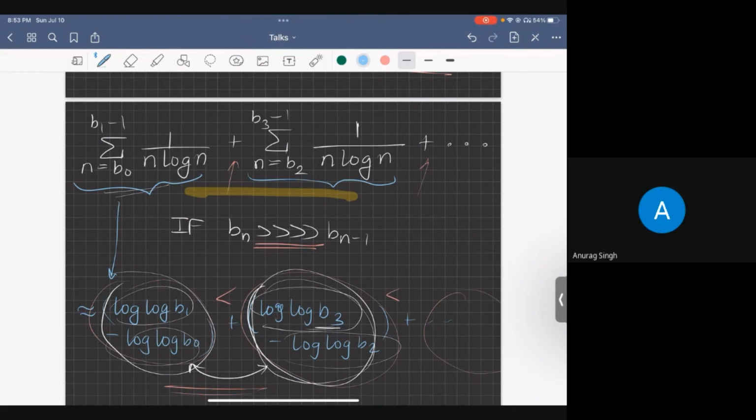Was it a Putnam problem? No, it's from this contest. I don't remember the name of the contest. Let me search it. It's not good. Oh, it looks like that. Yeah, it does.